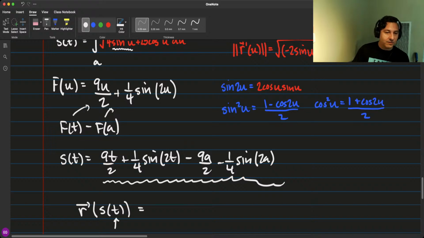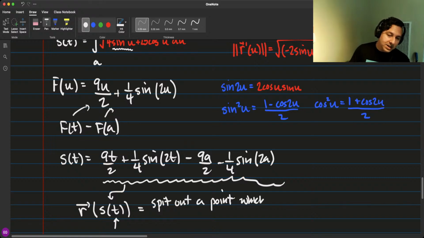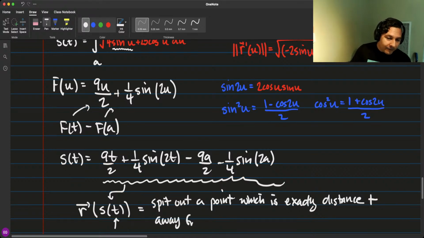You would take that formula, all of that would go into here, and then all of that would go into r. This would spit out a point, which is exactly distance t away from r of a.